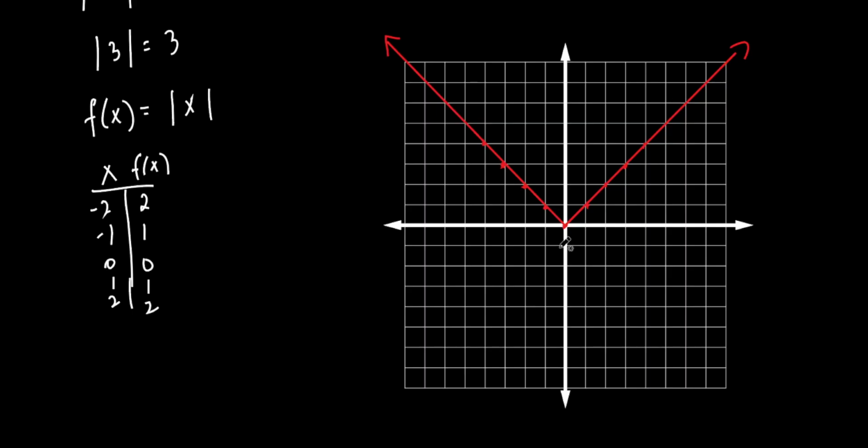It's like a V. So if it was just f of x equals x or y equals x, it would just be a line that goes like this and keeps going like that. But when you put a negative into an absolute value, you're always going to get a positive answer. That's why this graph doesn't keep on going like this. You're not going to have any negative y's because the absolute value is always going to make it positive. All right?